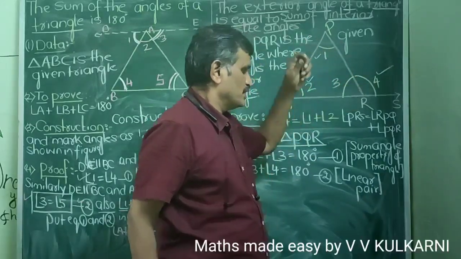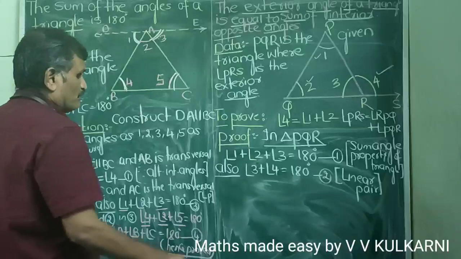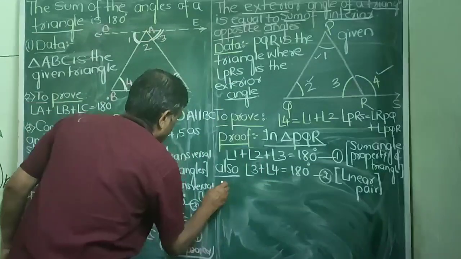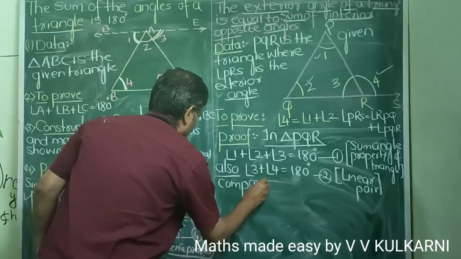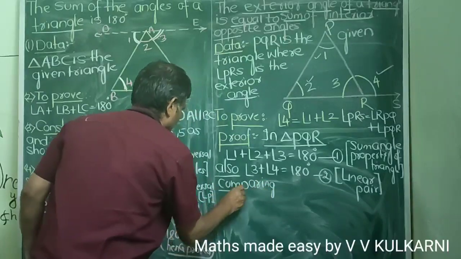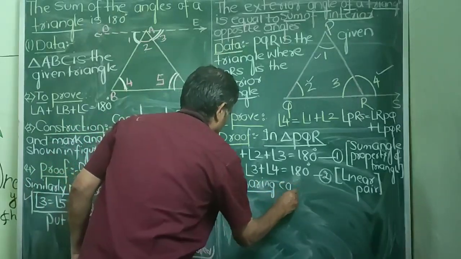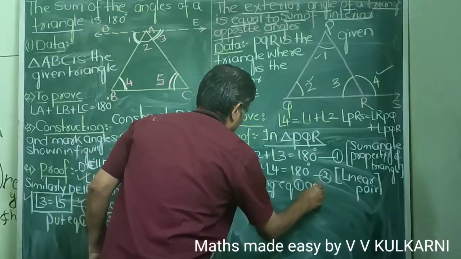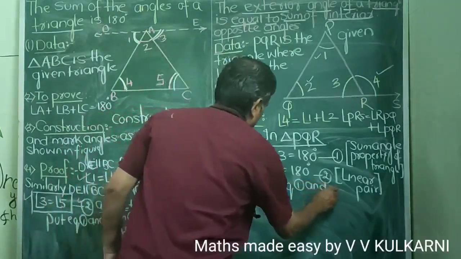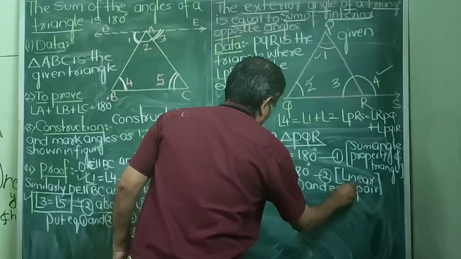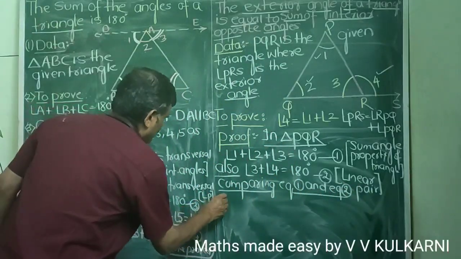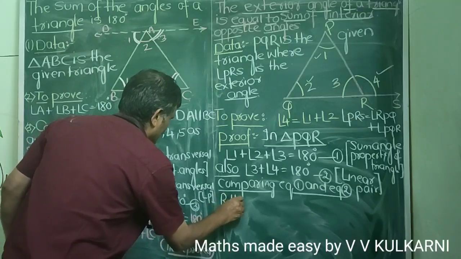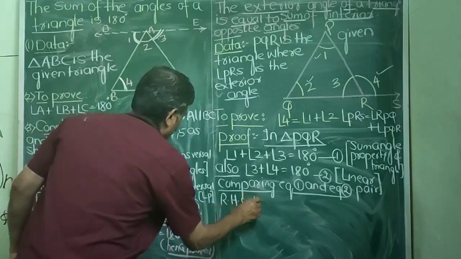Now if you compare equation 1 and equation 2, what you find is the right hand side is equal to the right hand side.